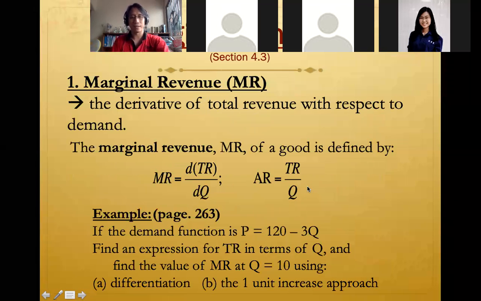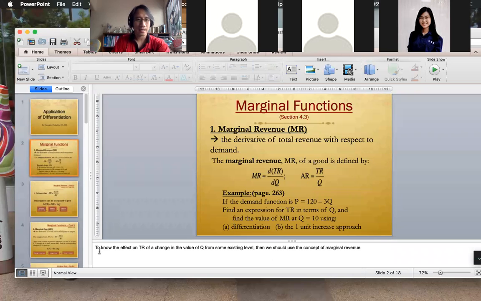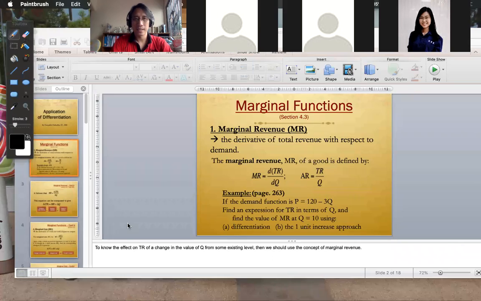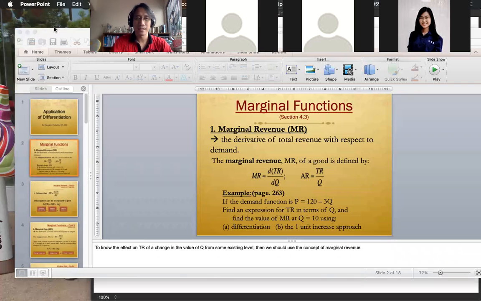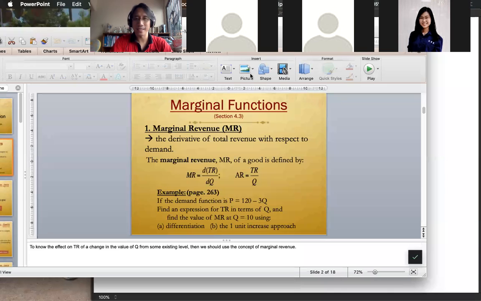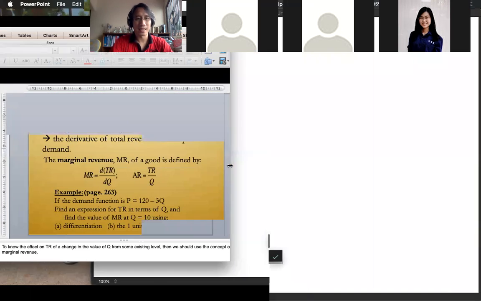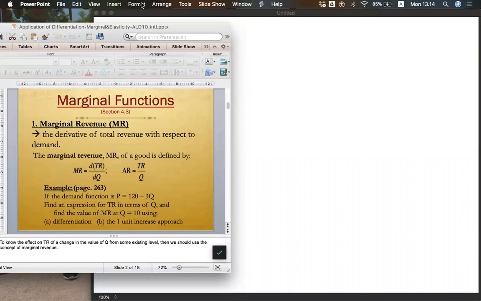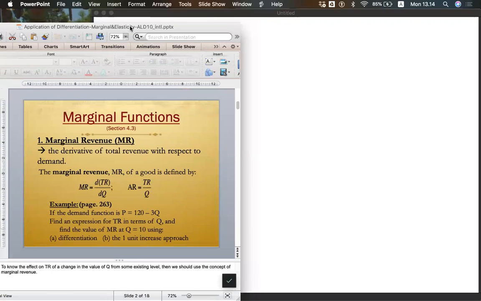Let's try to solve this problem to make it clearer. I would like to open, I found a new application that we can see both of the slide, and maybe just minimize it, move it here, so it will not disturb us.